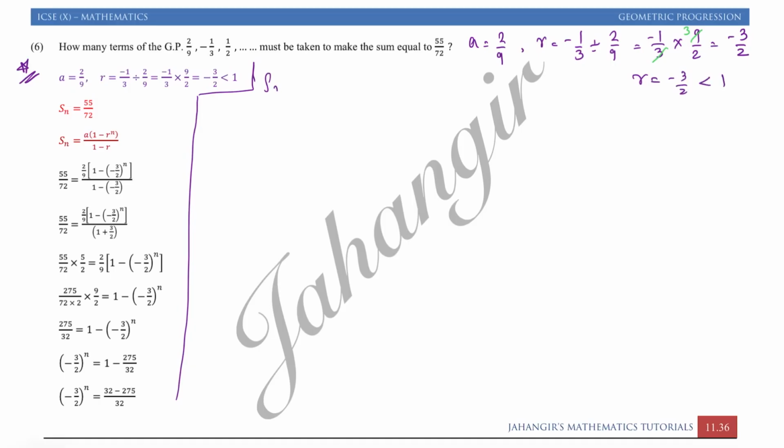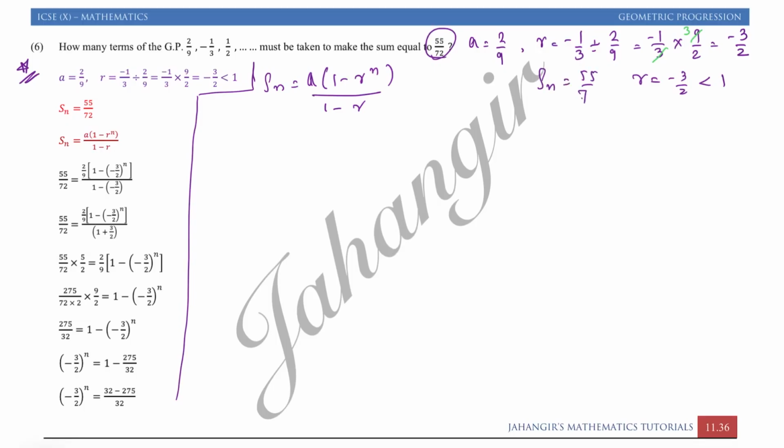So therefore Sn is equal to A into 1 minus R raised to n upon 1 minus R. So we want n, so I will write Sn as 55 by 72. This is Sn, Sn is given.